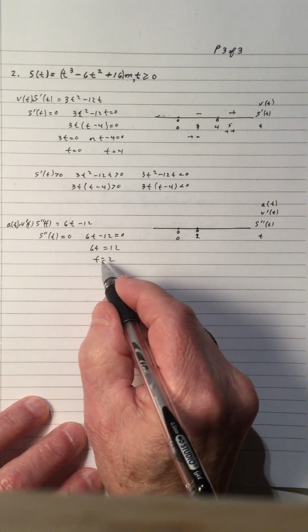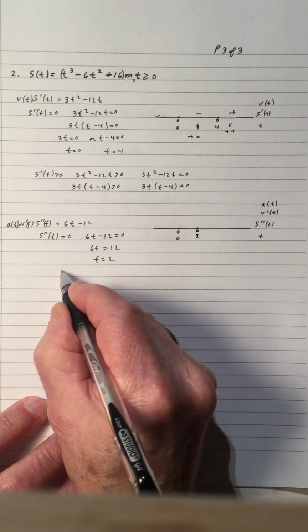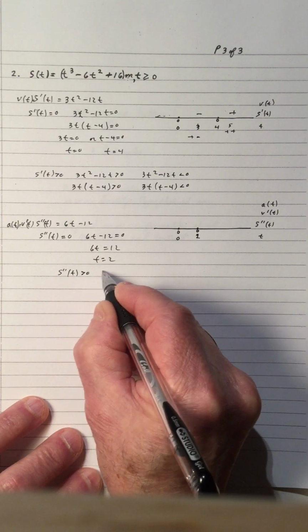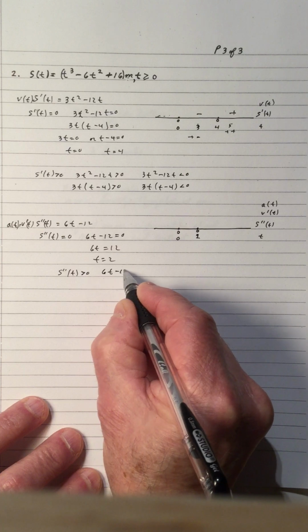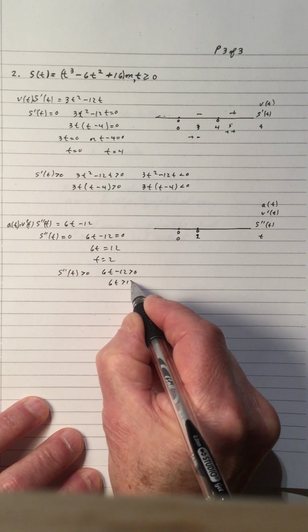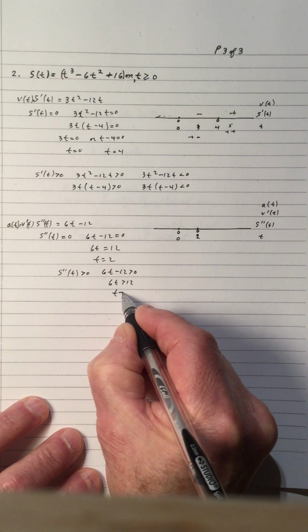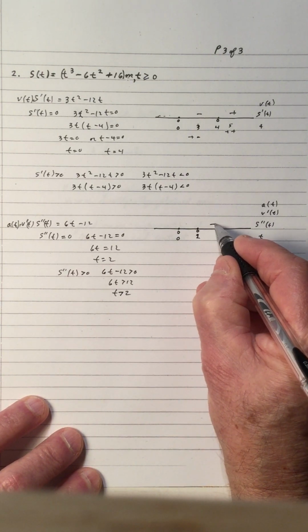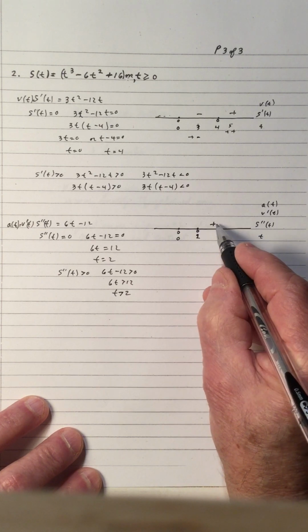And if we look at s double prime of t being greater than 0, 6t minus 12 is greater than 0, 6t is greater than 12, t is greater than 2. So when t is greater than 2, the acceleration is positive.